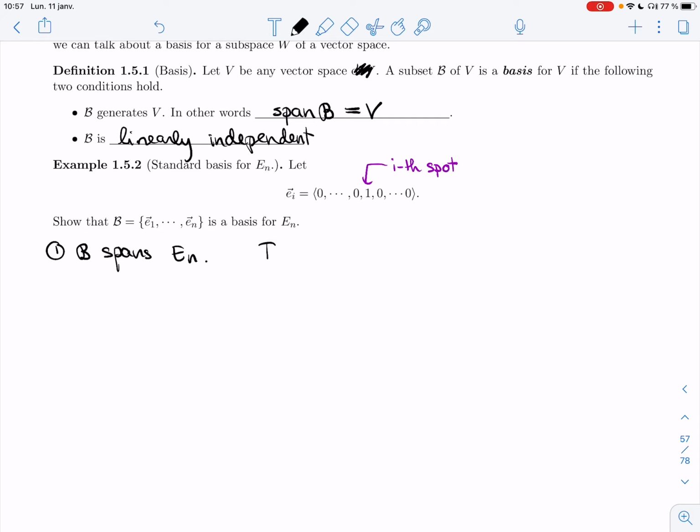So take w, I'm going to take it to be (x_1, ..., x_n) in R^n.